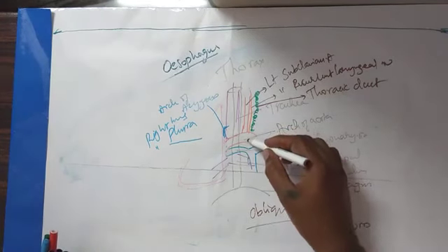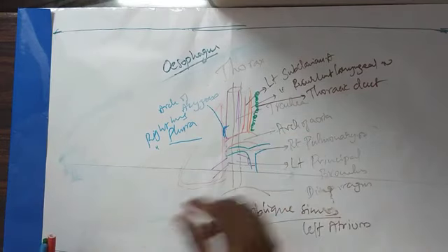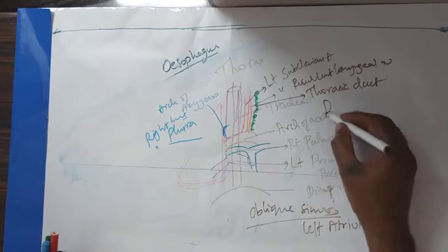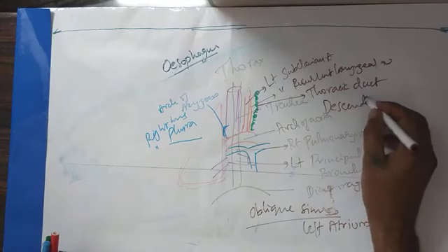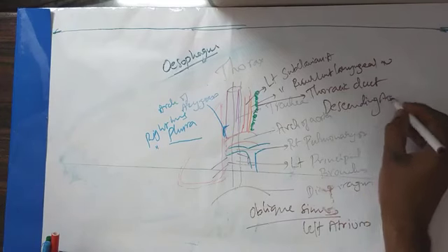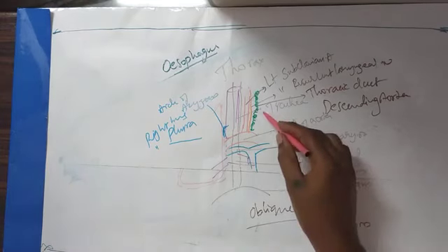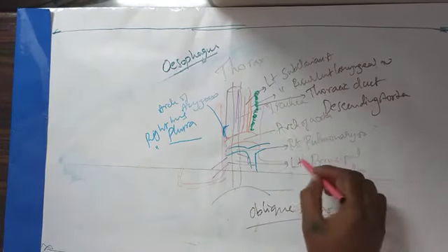Then what's happening to this arch of aorta later? It's going down as descending. So you can even add some part of the descending aorta is also forming the relations on the left side. Apart from that, what's lying on this side? That is your left lung and the pleura.